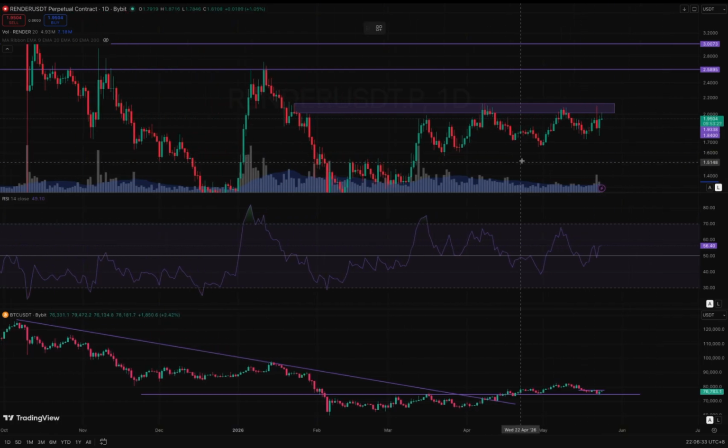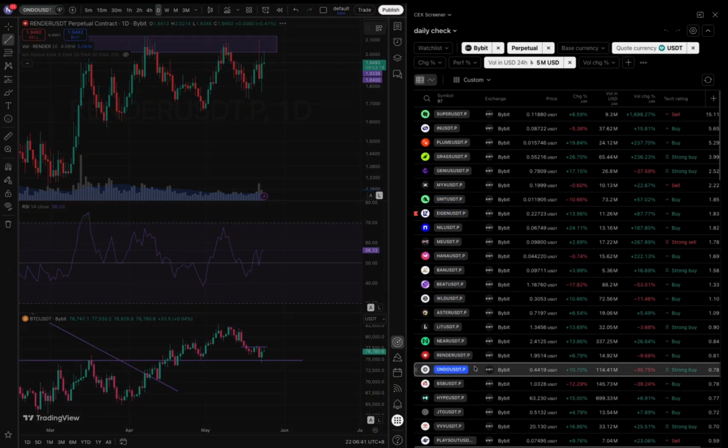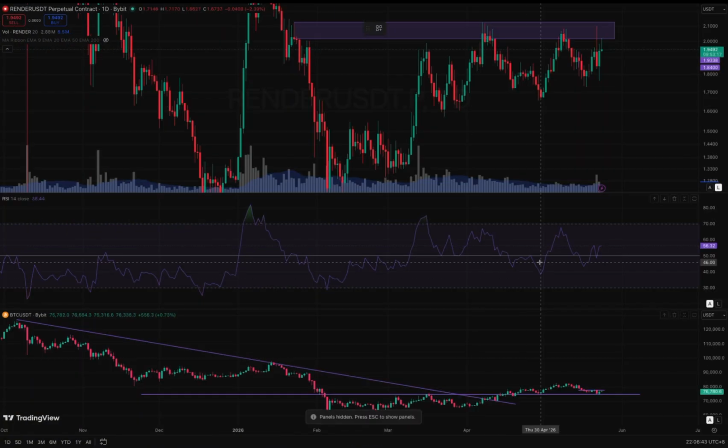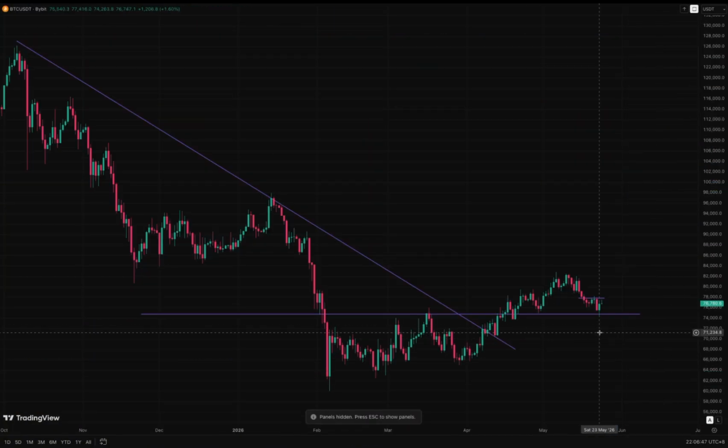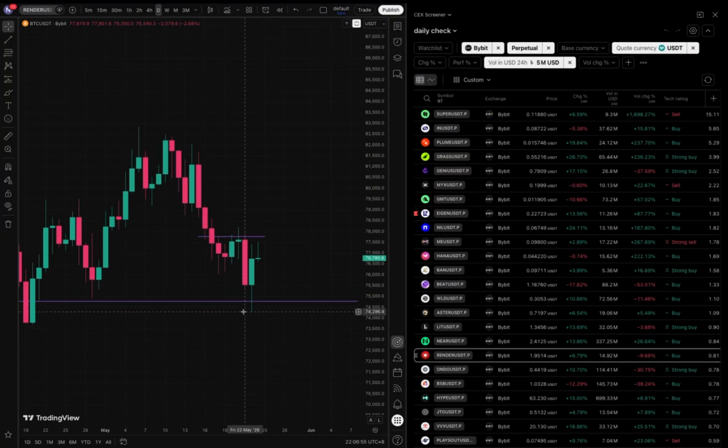Okay, so what this is, let's go back to Ondo or Render. Was that Render or Ondo? Render. Okay, so not quite sure how this is gonna go, because this was not an engulfing candle.